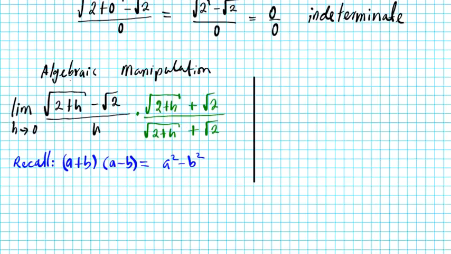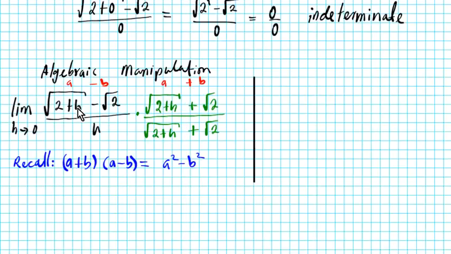Here we have a, root 2 plus h, minus b, and then root 2 plus h plus b: a minus b times a plus b.